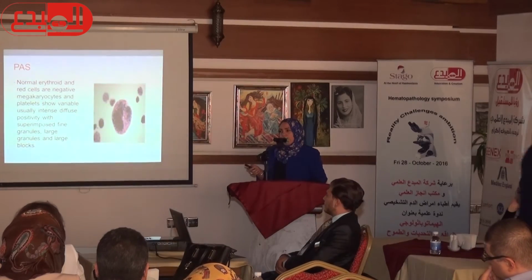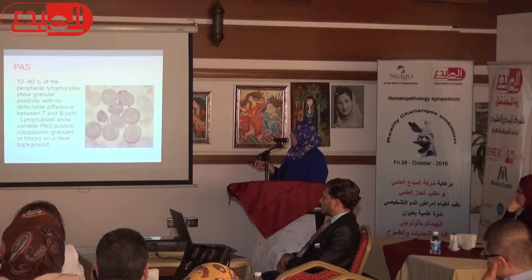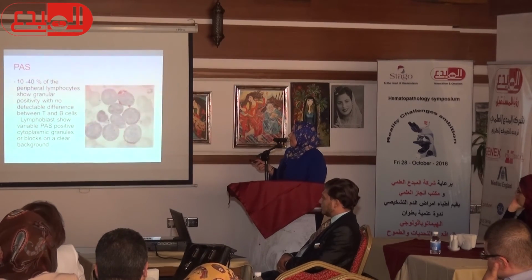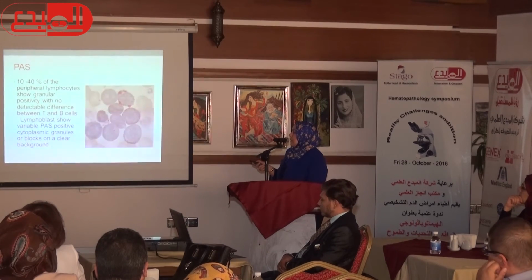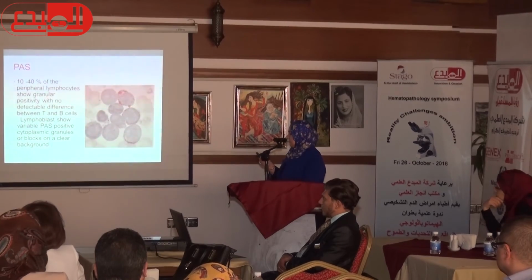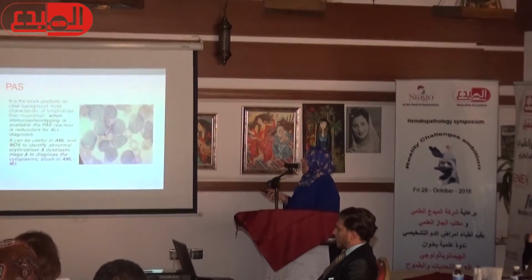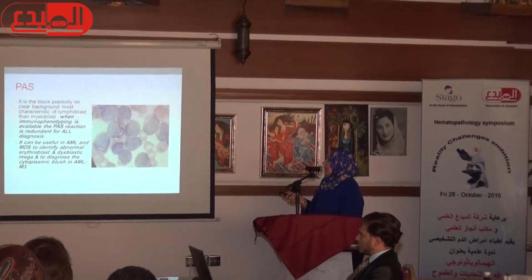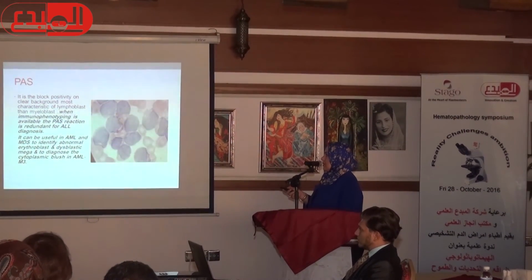Megakaryocytes take very strong PAS stain. 10 to 40% of the peripheral lymphocytes show granular positivity with no detectable difference between T and B. Lymphoblasts show variable PAS positivity, ranging from granules to blocks, but the background should be clear.